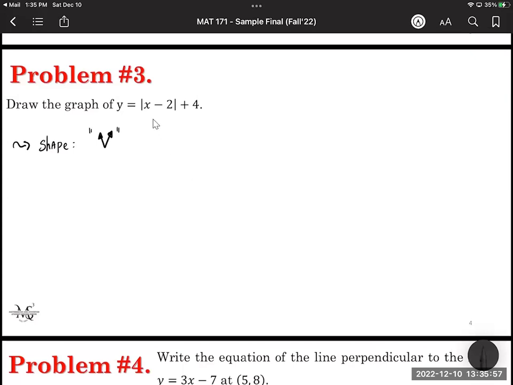Now we just got to use methods of transformation to help us make our sketch. Let's dissect this. I already know it's a V shape. If you look inside of the absolute value bars, you have this minus 2. Does that minus 2 tell us that we're going to shift to the left, to the right, up, or down?